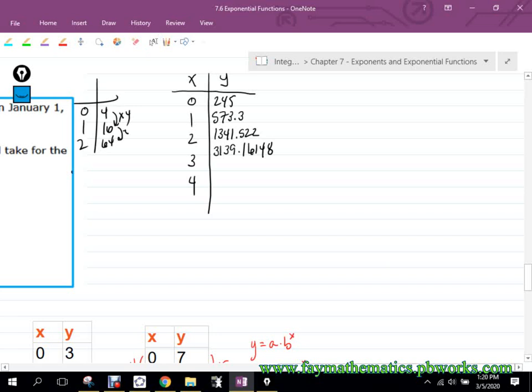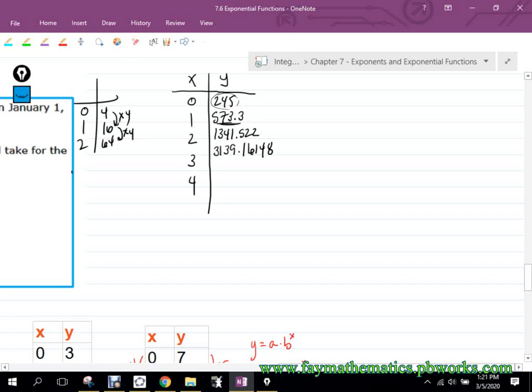Can you see what you're multiplying by here to get from 245 to 573.3? No, okay? But if I know I'm multiplying by something to get, this is my product, right? This is one of my factors. If 573.3 is my product and 245 is one of my factors, how do I find the other factor? Divide them. Does that make sense?